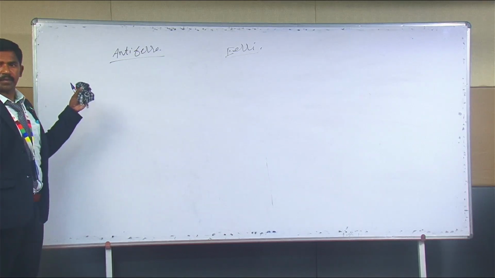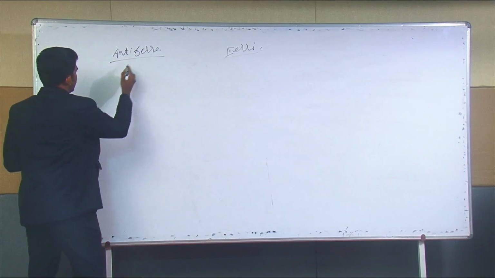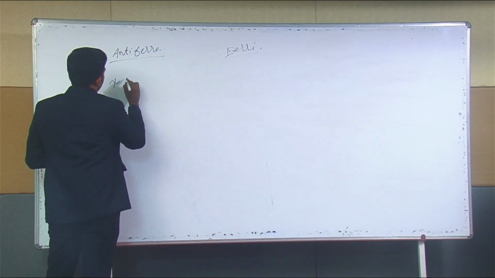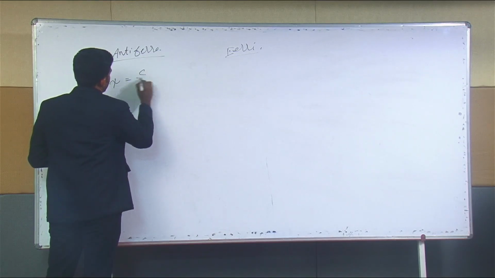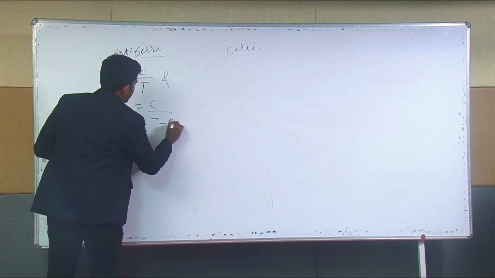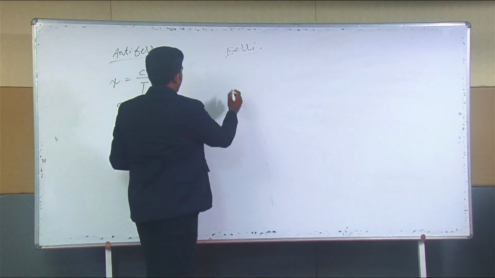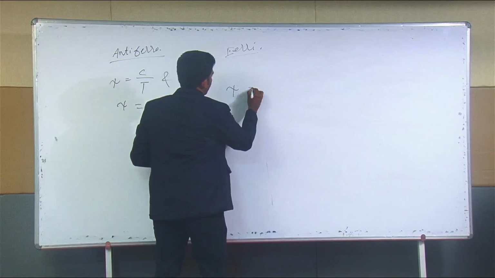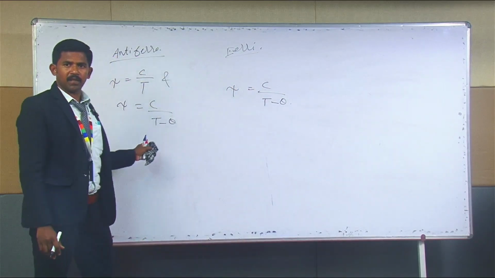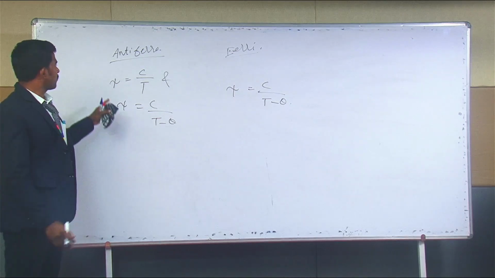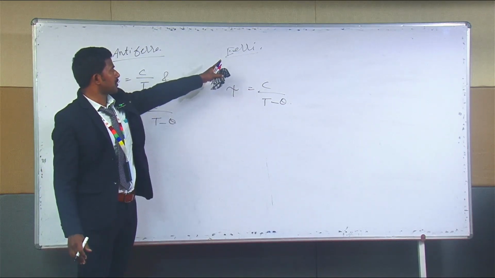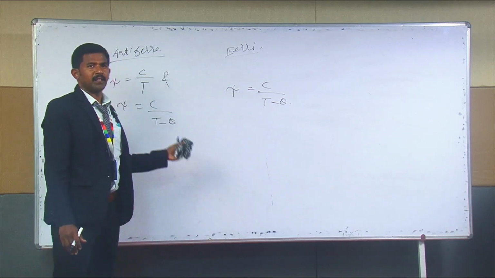Here also temperature dependence is there. It will obey chi equals C by T as well as chi equals C by (T minus theta), both we can apply. For ferrimagnetic also we can apply C over (T minus theta). Depending upon the theta value, as already discussed, if it is negative, it is antiferromagnetic. Negative or positive, both are possible in ferrimagnetic material.